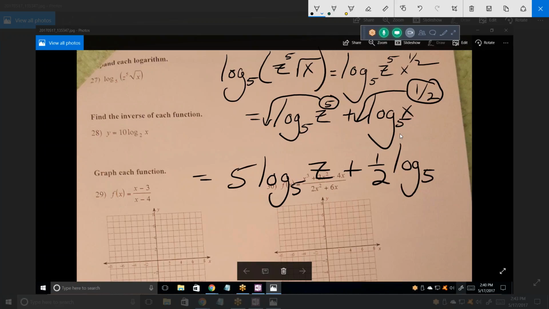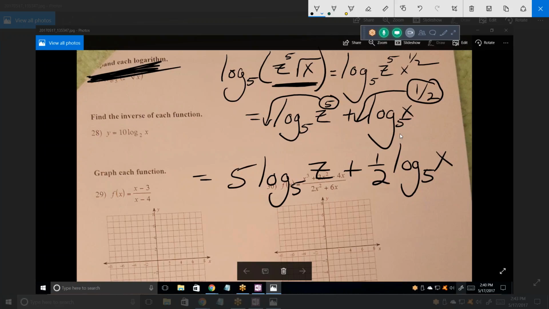Yeah, and you can only use these rules if the base is the same. In other words, if one was base 4 and the other was base 5, these rules don't apply. You can only expand and condense if you're dealing with the same base. But when they say expand, they mean expand fully. Get rid of all exponents and turn all multiplication or division into addition and subtraction.